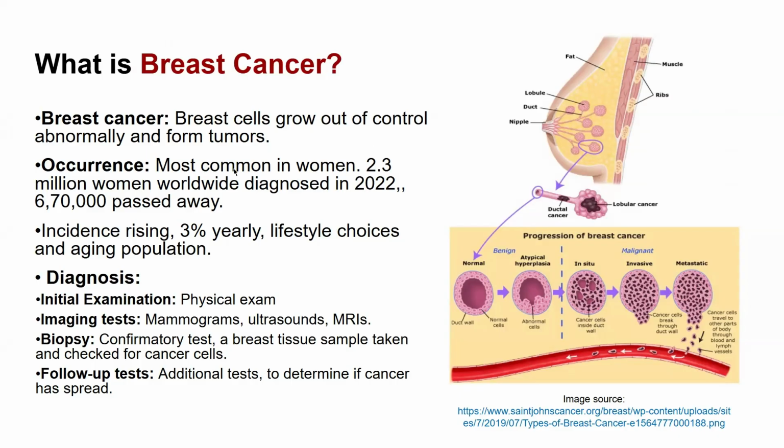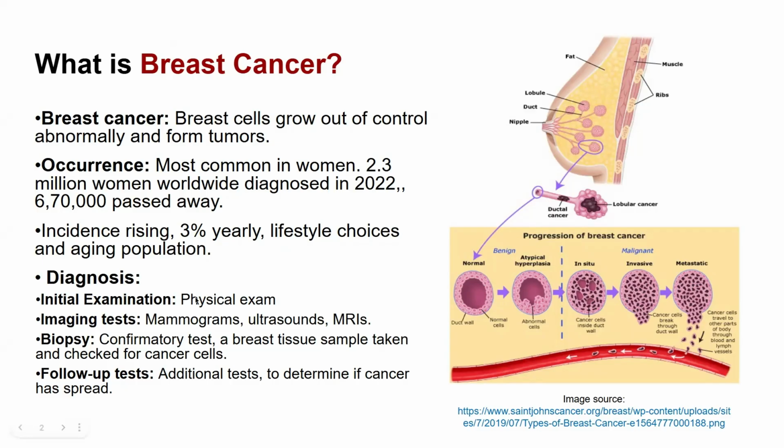According to the World Health Organization, in 2022 approximately 2.3 million women were diagnosed with breast cancer, and sadly 670,000 women passed away. This is alarmingly increasing by about 3% every year. It may be due to lifestyle choices and an aging population.